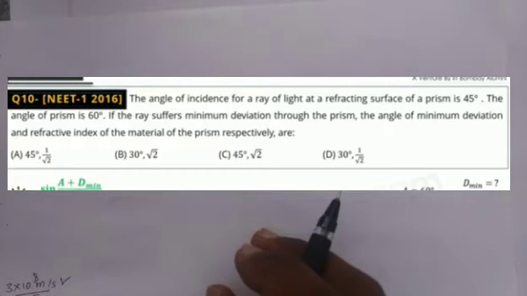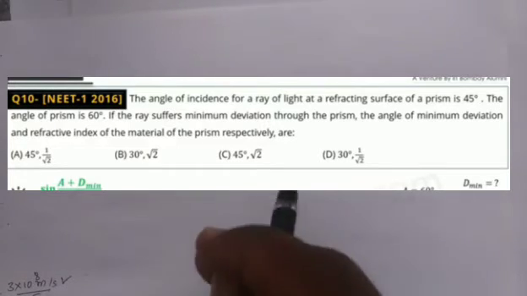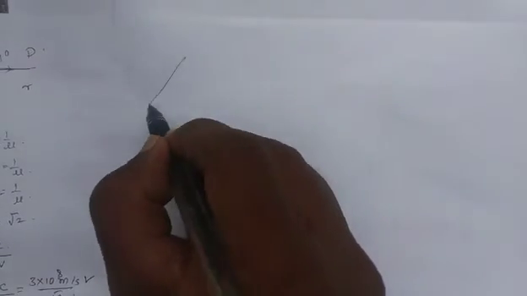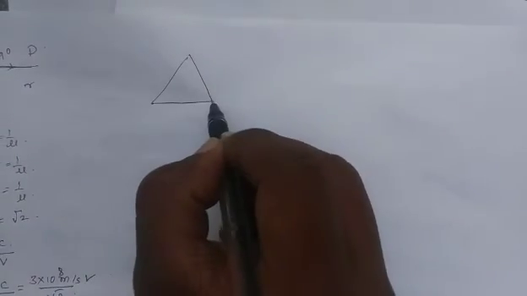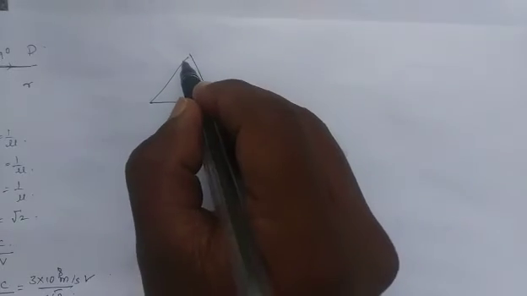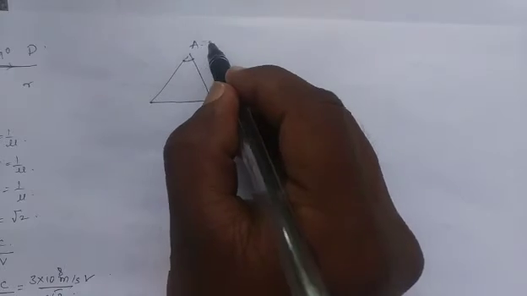Here is the angle of incidence for a ray of light at a refracting surface of a prism. This one is a prism with angle of prism 60 degree, A is equal to 60 degree.